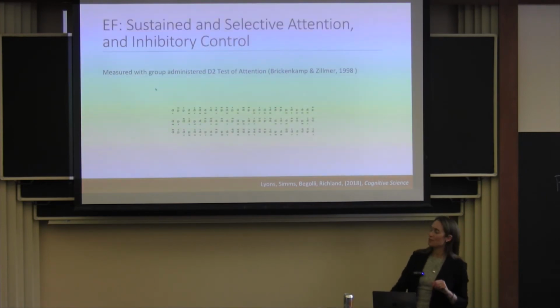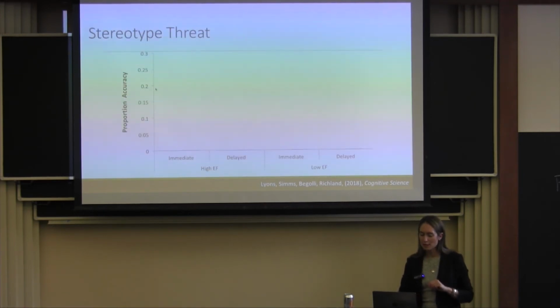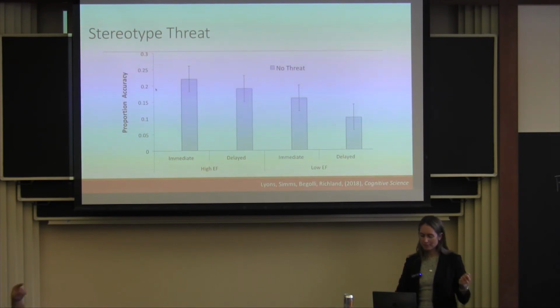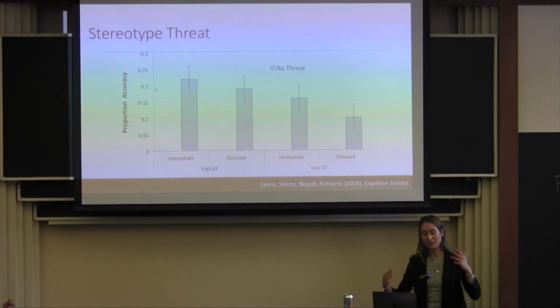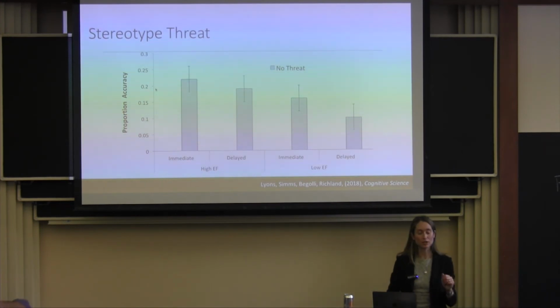And we used a measure of executive function that was called the D2. I can talk about that if you like. Basically, if you look at the learning, as expected, the high EF participants did better and learned more from this lesson than the low EF participants.